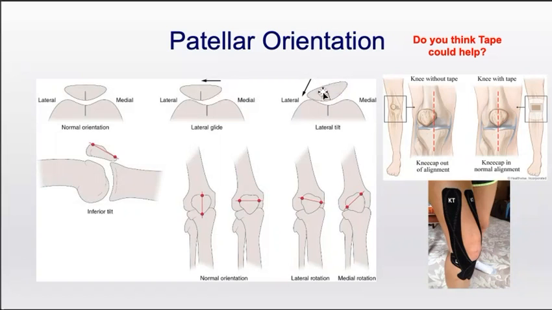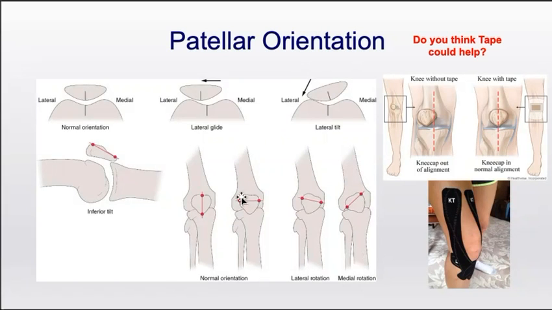You can also get a situation where there is lateral tilt, which also sort of changes the quote unquote alignment of the patella and the femur. And this can cause some irritation to the patella and femoral surfaces as well. When you're assessing somebody from a static posture, you're going to look at the orientation of the patella as well.